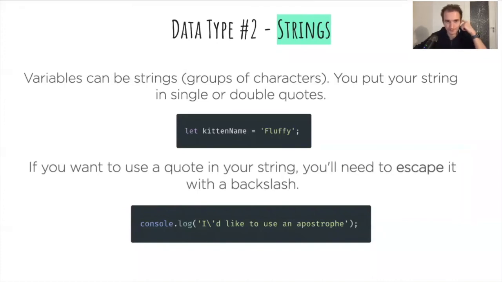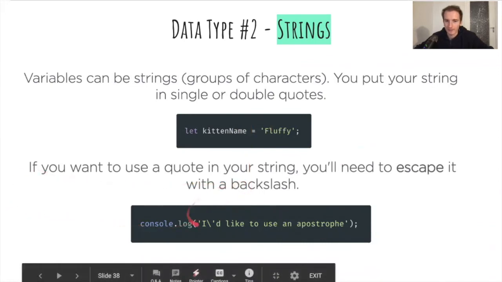Okay, next data type I want to talk about is strings. So strings stand for strings of characters. So one letter after another, surrounded by either single quotes or double quotes. We can do either.